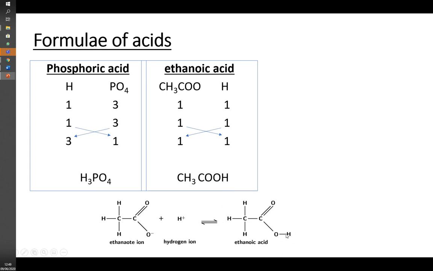If we wrote it down as HCH3COO, then this H would be trying to join onto a carbon that's already got the 4 bonds it needs. So the hydrogen has to join onto this oxygen here. And that's why in ethanoic acid, we always write it down as CH3COO and then the H. So using valency rules, you should be able to work out the formula for any acids.